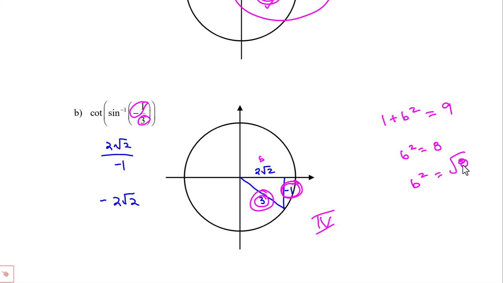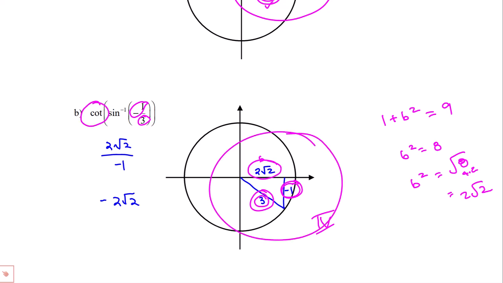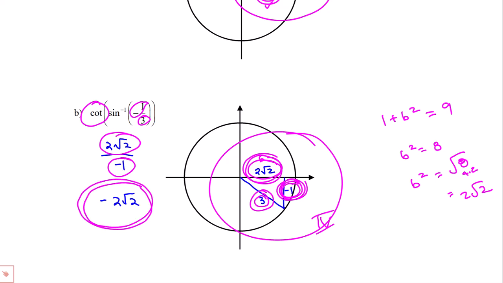It's plus or minus algebraically, but geometrically we only want the positive here, and so that's 4 times 2. The square root of 4 is 2, root 2, there's the third side. There's my picture labeled. Give me cotangent of that picture. It's x over y. We don't like the negative on the bottom. There is the best answer for this question.